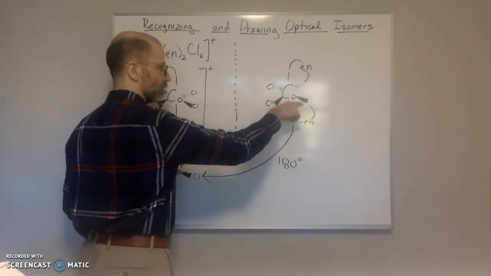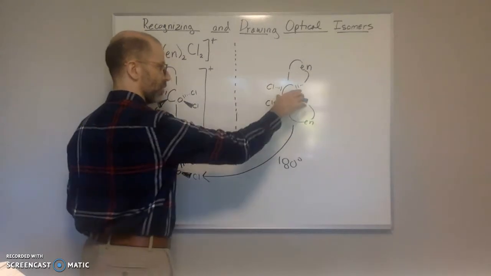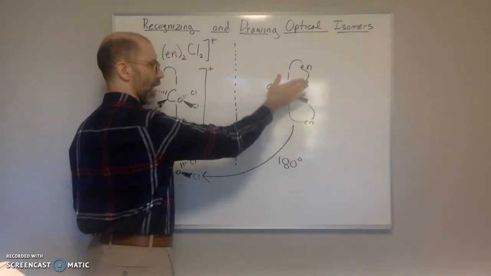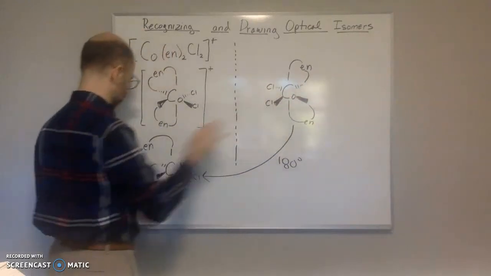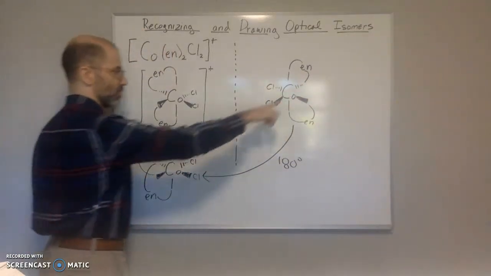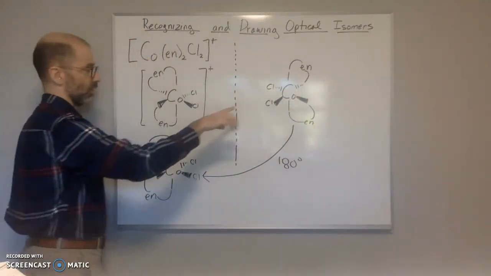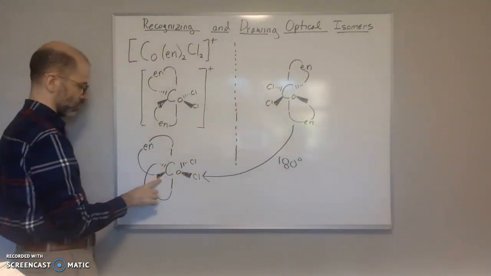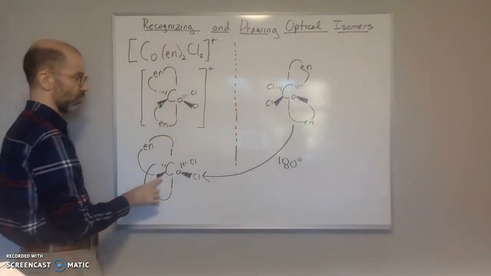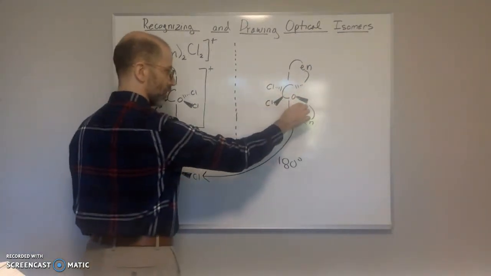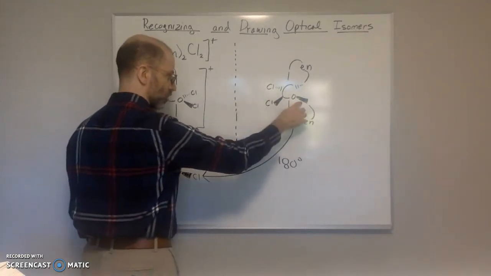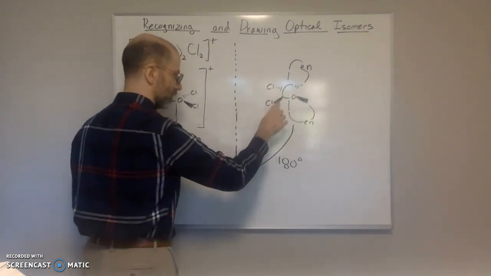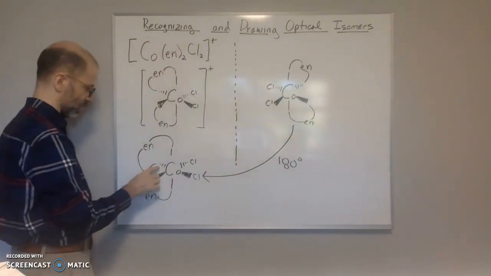This wedge here is going out of the board. But when you turn it 180 degrees, this will then come out of the board. So this, when you turn it 180 degrees, is going to then be this one here. This is going to come out of the board. And this one, when you turn it 180 degrees, is going to go to the back. So this one is going to take that spot, and this one is going to take that spot there. So you see that here.